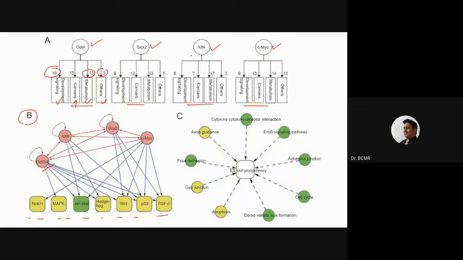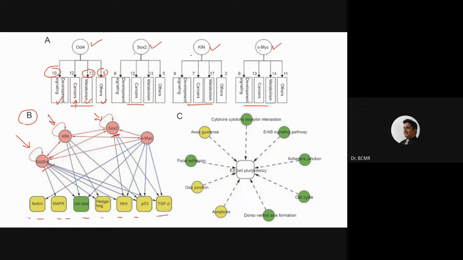You can also see that OCT4 regulates its own expression, so do KLF4 and SOX2. There is a feedback mechanism during transcription, and they are also regulating each other.